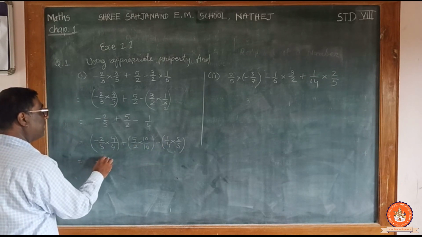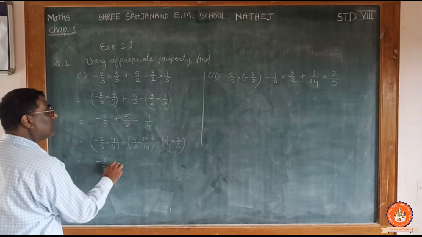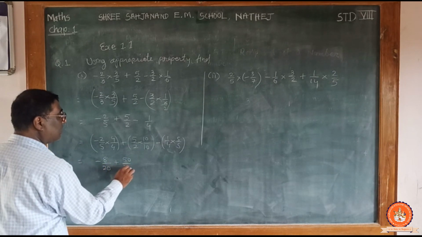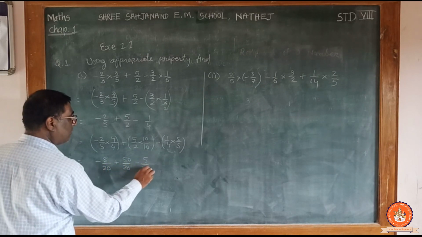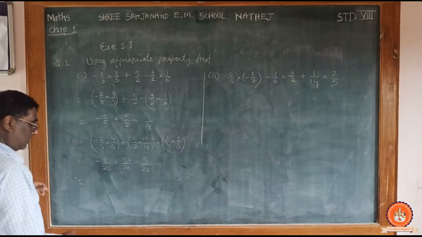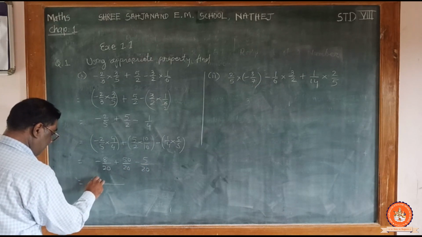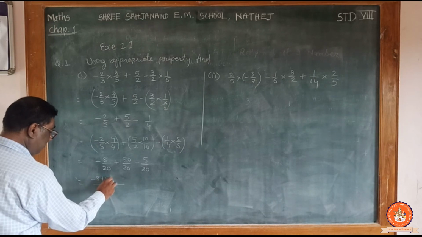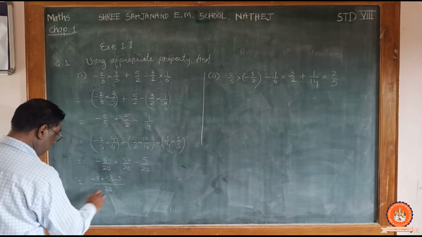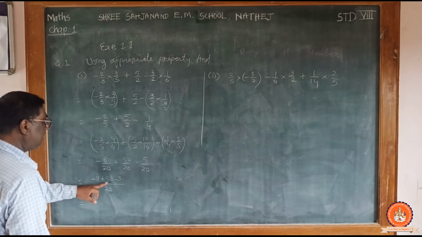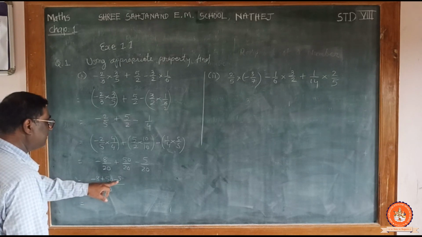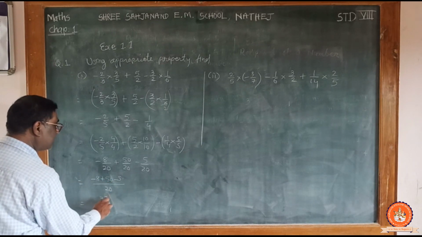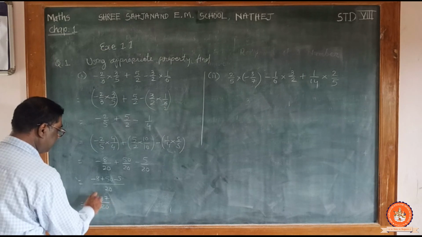So it's minus 8 upon 20 plus 50 upon 20 minus 5 upon 20. Okay, so now minus 8 plus 50 minus 5 upon 20. So 50 minus 8 and minus 5 will give you 37 upon 20.